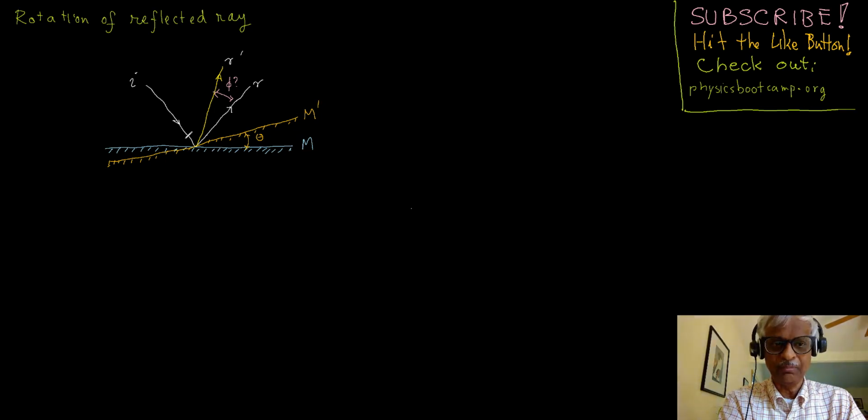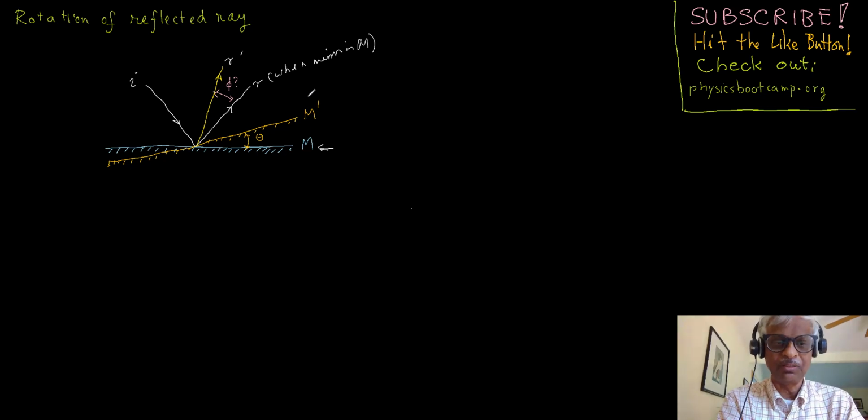A ray of light comes in, there's the incident ray, and when the mirror is in the original position M, this is the reflected ray R, keeping this the same.